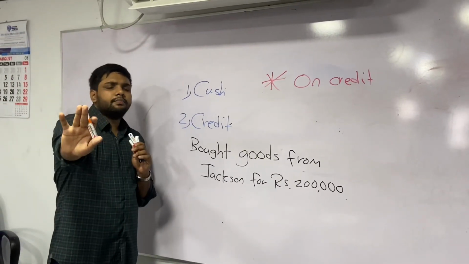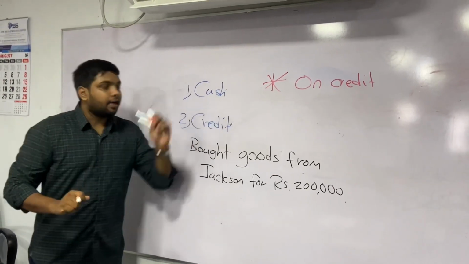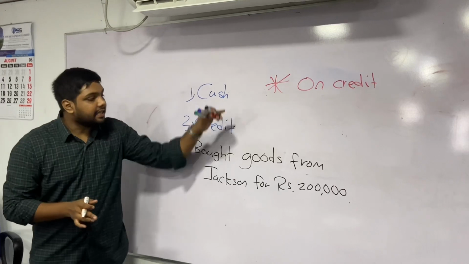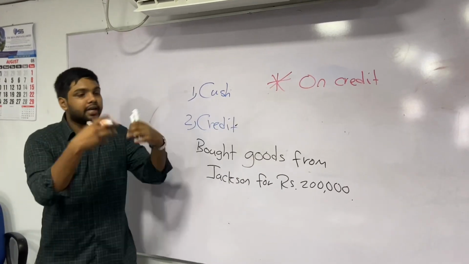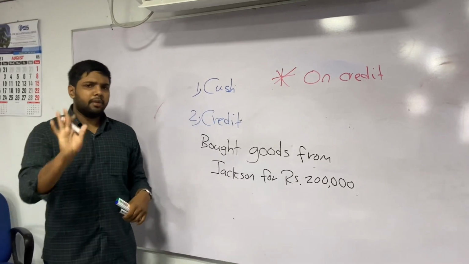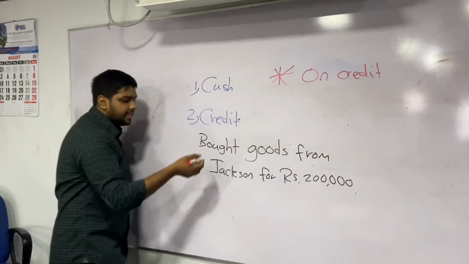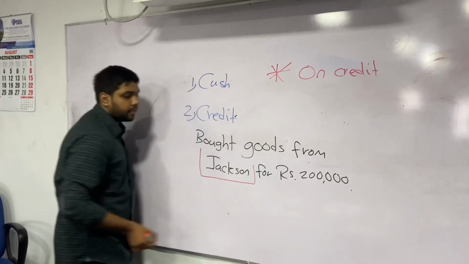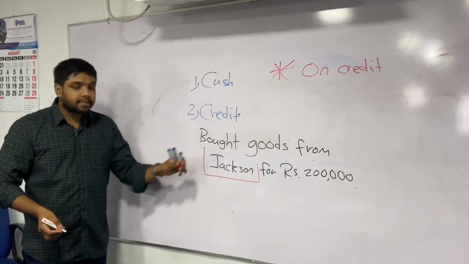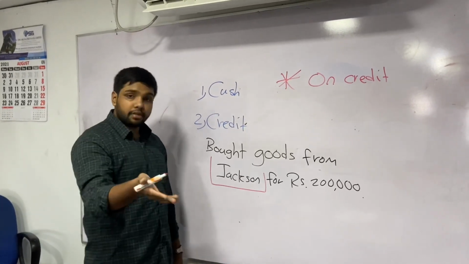Hold on. Stop for a while. Pause yourself. I agree with you. In this transaction, they have not mentioned the word on credit. But pause. I see something special. I see a name of a person. It can be Jackson, it can be Thompson, it can be Johnson.